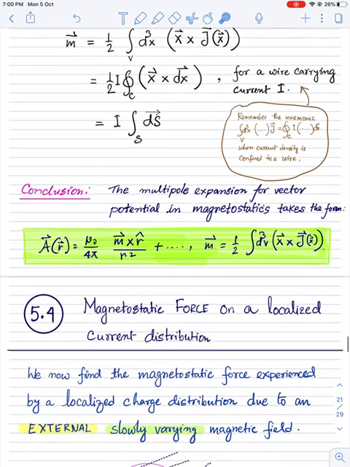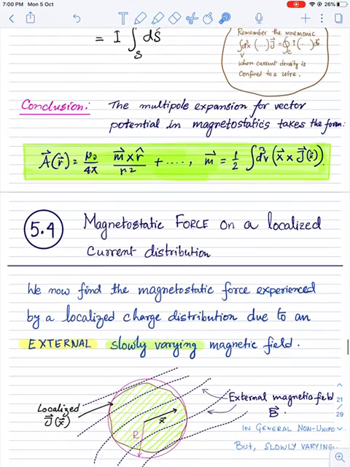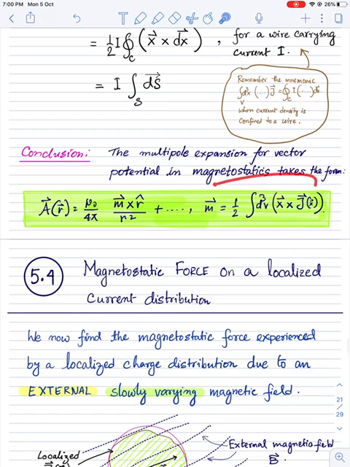As I said before, given the vector potential, you can try to find what is the magnetic field corresponding to this magnetic dipole moment, and that can be compared with the formula for the electric field for an electric dipole. So that is what you are going to do.